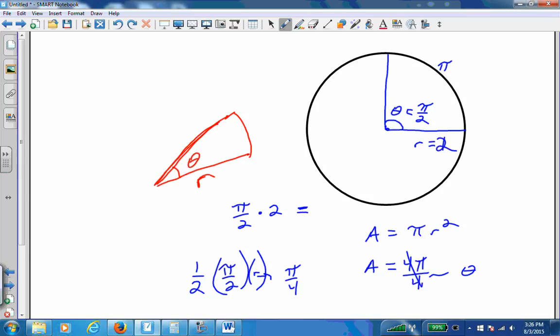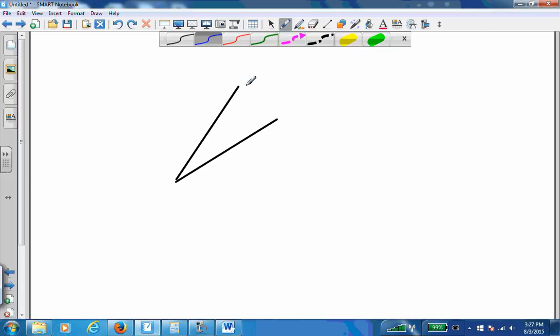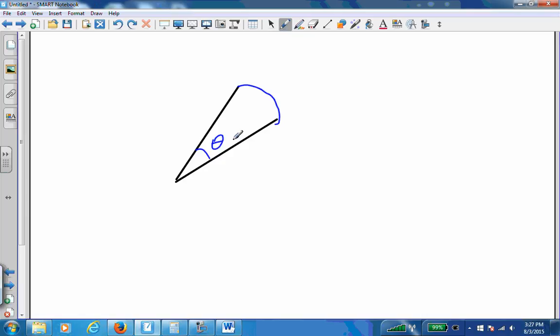Okay. Before I confuse you anymore, since we're short on time, I see where I want to go with that. It turns out the area of a sector there is 1/2 your angle times r squared. Think about the area of a whole circle as pi r squared. How many radians are in an entire rotation? 2 pi.